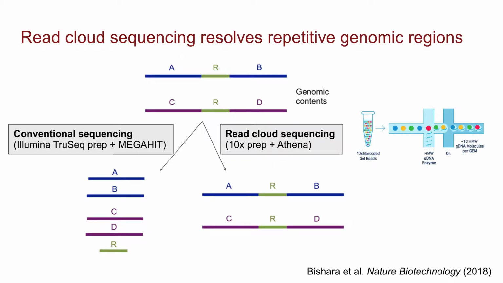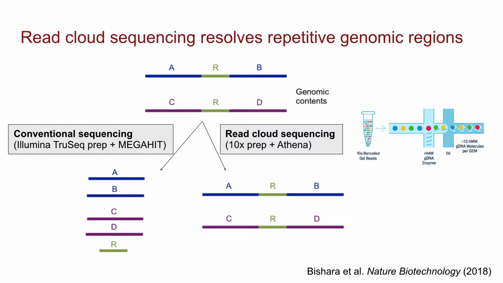So, how does read cloud sequencing help us with assembly? Well, if we look at this example, we have two instances of a repetitive region called R, once located between sequences A and B, and once located between sequences C and D in two different spots in a genome.